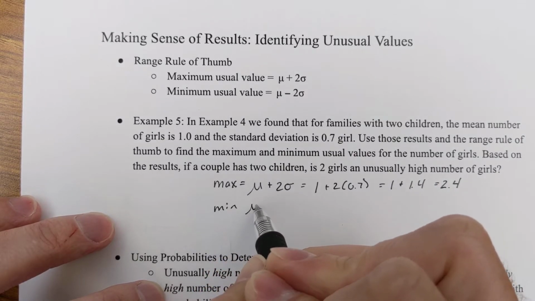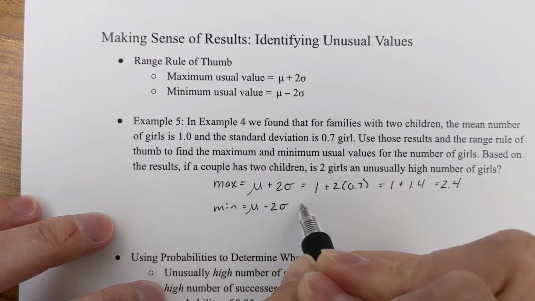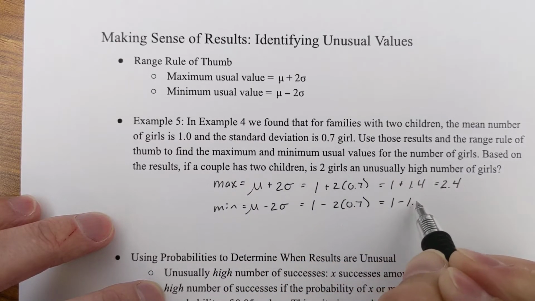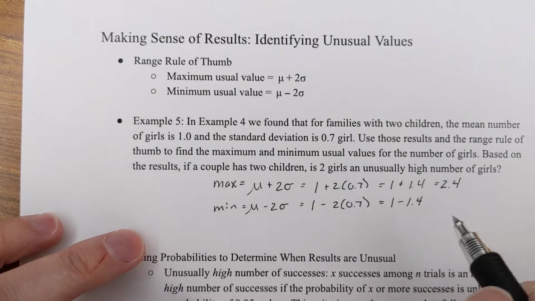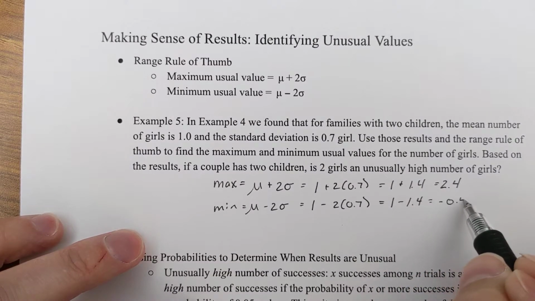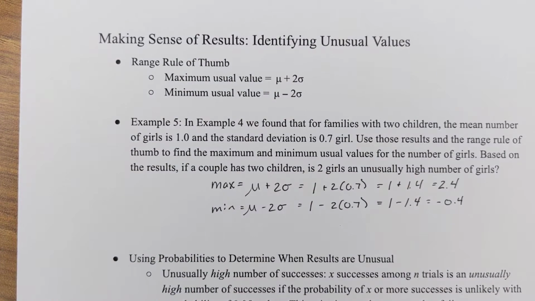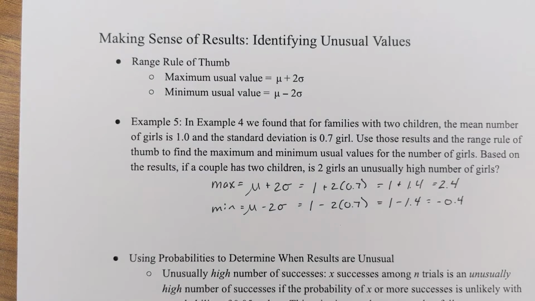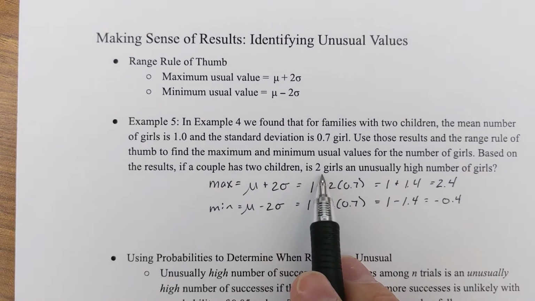The minimum is the average minus 2 standard deviations, so 1 minus 2 times 0.7, 1 minus 1.4, which comes out to be negative 0.4, which doesn't make a whole lot of sense because you can't have negative kids. Doesn't work out that way. So this should actually technically be 0, but mathematically it comes out goofy. Now, is this number unusual? No.